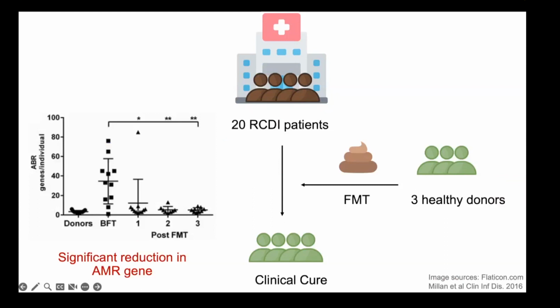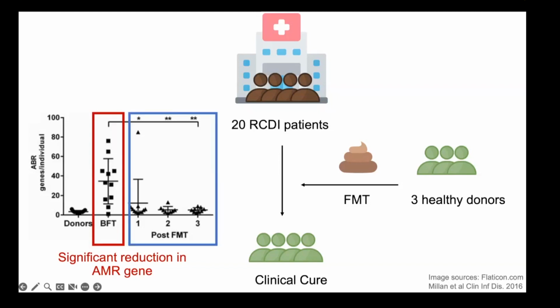Before FMT, this is the AMR gene content, which has been quantified, and you can see compared to the healthy donors, this is quite high. Then you can see the reduction of the AMR gene content post-FMT, and now it mirrors the donor AMR gene content.